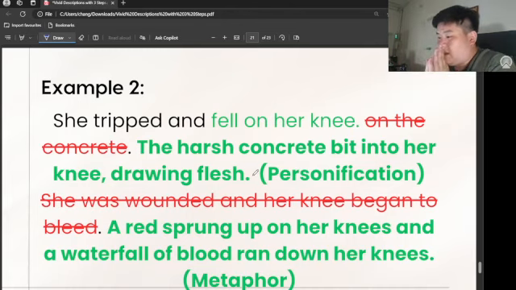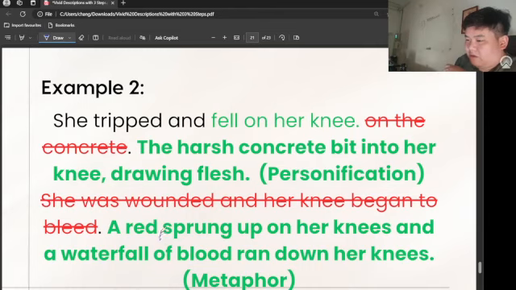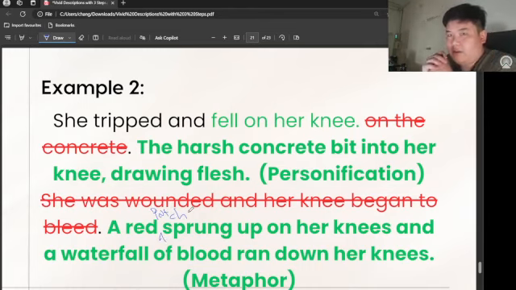And then a red, there's a missing word here, apologies. A red patch sprung up on her knees and a waterfall of blood ran down her knees. Sorry, this should be shins.